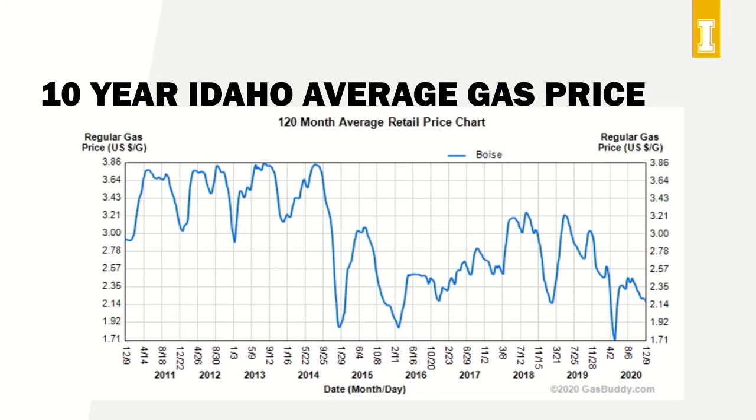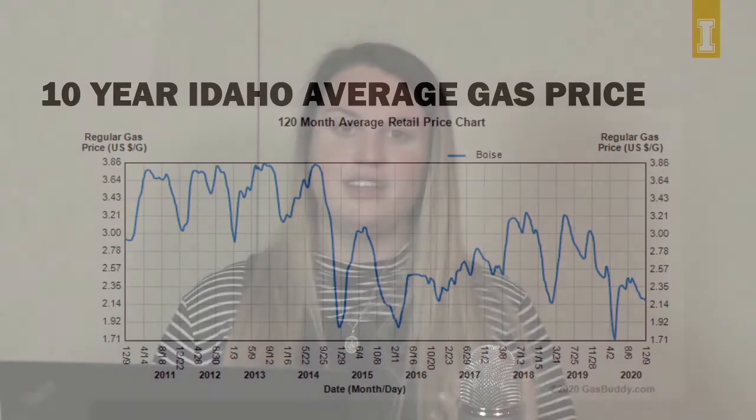So, the 10-year Idaho average gas price. I think we all know that when we shut down, they were saying that barrels of gas were negative, and what does that even mean? But the gas prices hit a really big low, and I hope people took advantage of that when they saw that market and were able to prepay or buy gas.